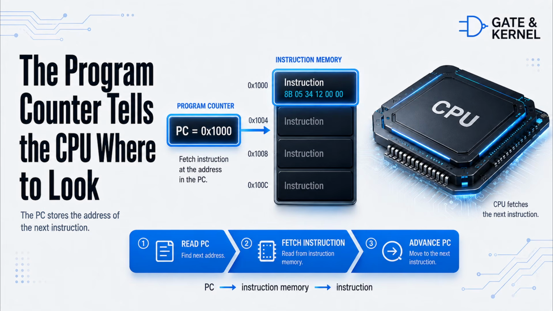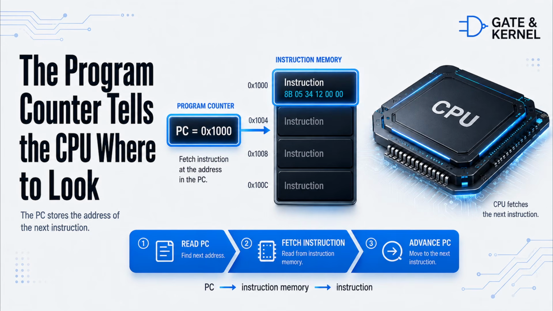2. The program counter tells the CPU where to look. Before the CPU can execute an instruction, it must know where that instruction is located. For this purpose, processors use a special register called the program counter, or PC. The program counter normally contains the address of the next instruction. For example, PC = 0x1000.